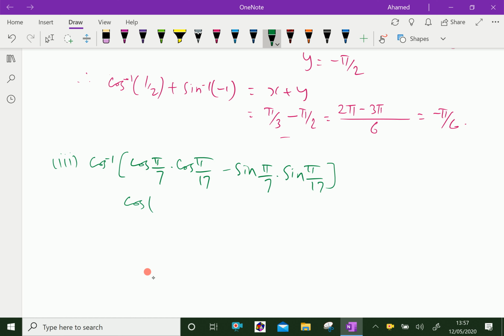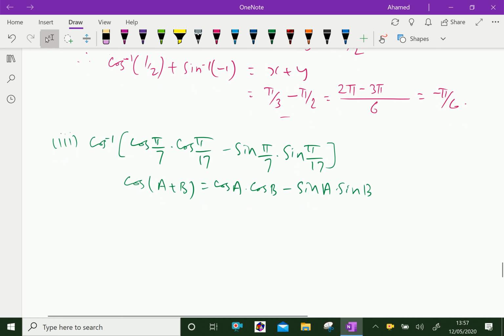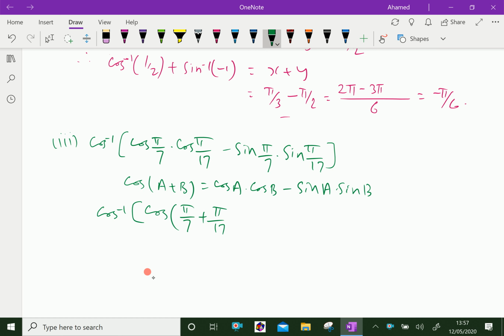Cos of A plus B equal to cos A cos B minus sin A sin B. By using this identity you can say cos pi by 7 into cos pi by 17 minus sin pi by 7 into sin pi by 17 is cos of pi by 7 plus pi by 17.